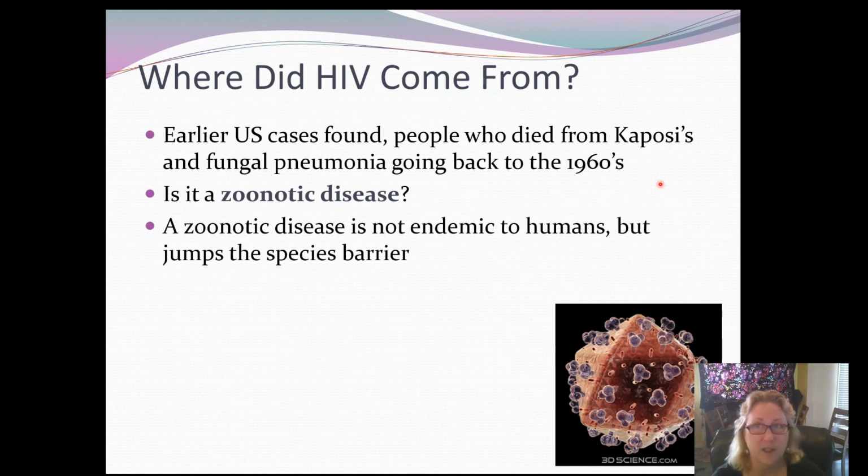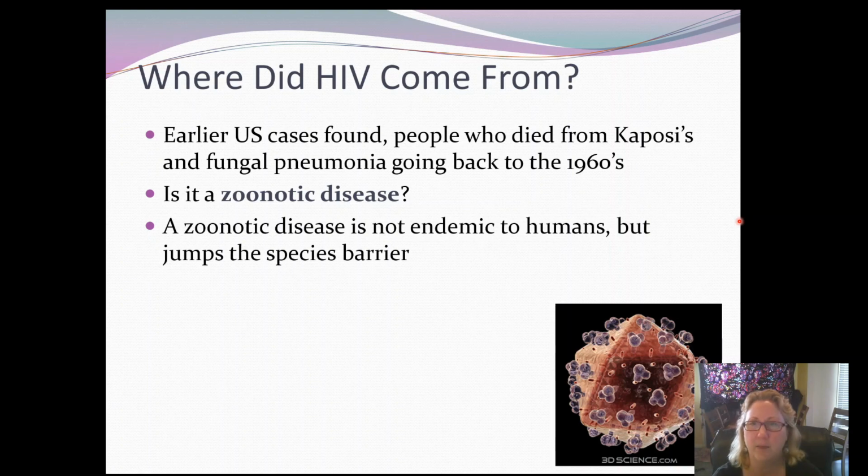So earlier cases were sought, and they figured, well, if a doctor had one patient who had Kaposi sarcoma or fungal pneumonia, and it was just one person, it would just be a mystery case that they couldn't solve. And so the CDC surveyed doctors around the country and asked them, have you ever had a patient in your career who died mysteriously, who maybe was a young person who had Kaposi sarcoma, fungal pneumonia, weight loss, a catastrophic loss of their immune system for no apparent reason?